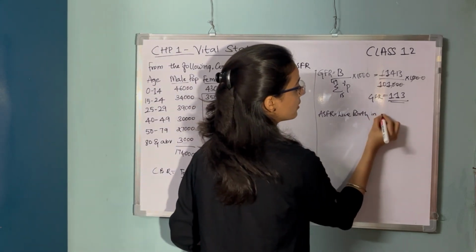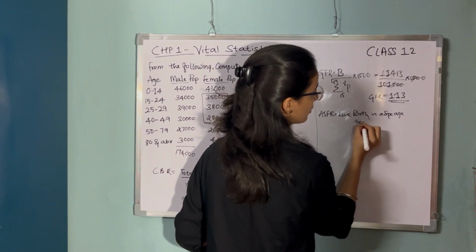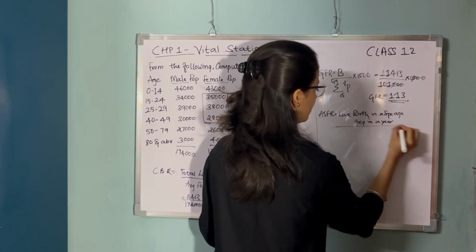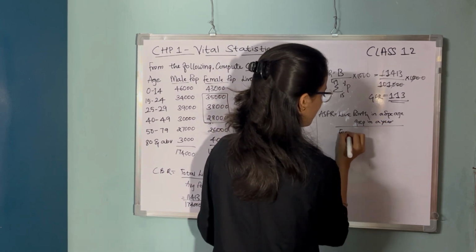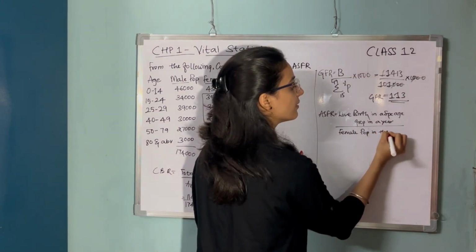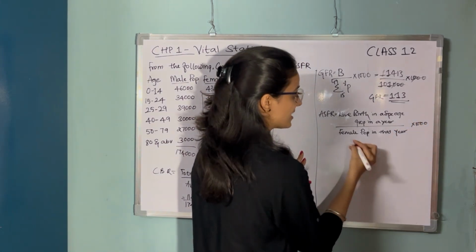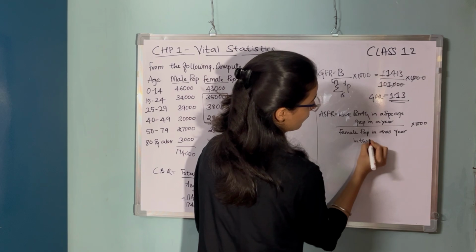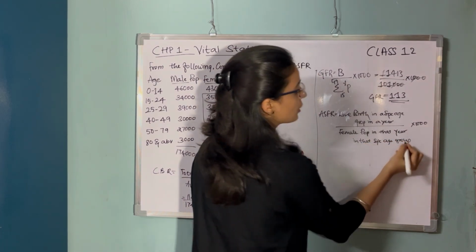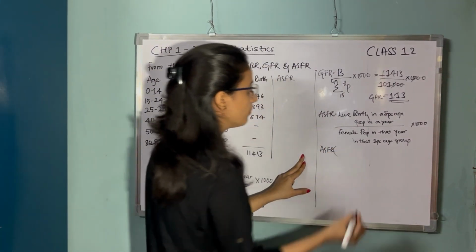It is live birth in a specific age group in a year divided by female population in that specific age group in that year, into 1000, right?